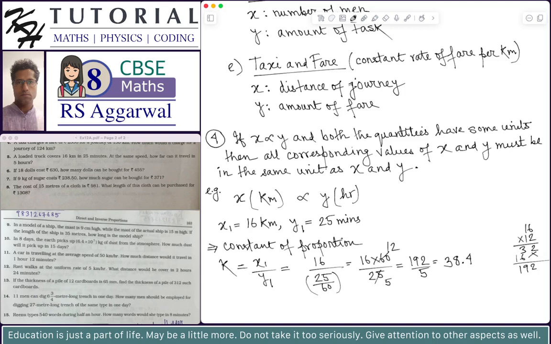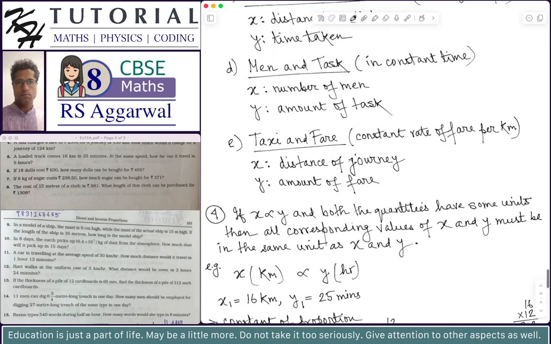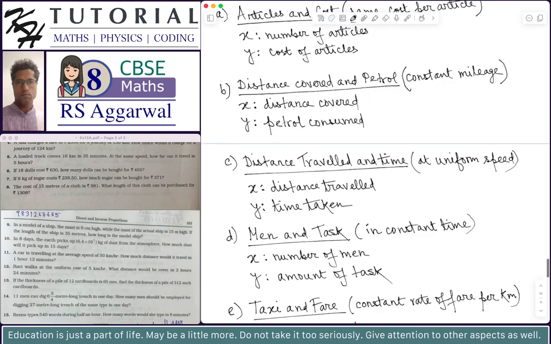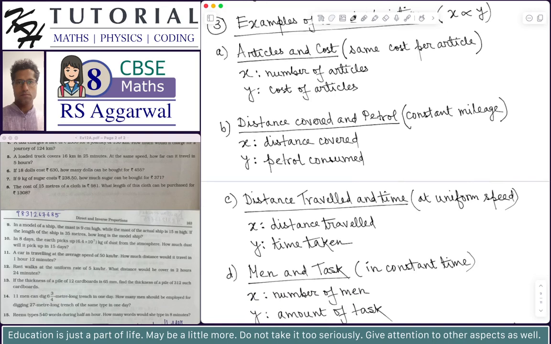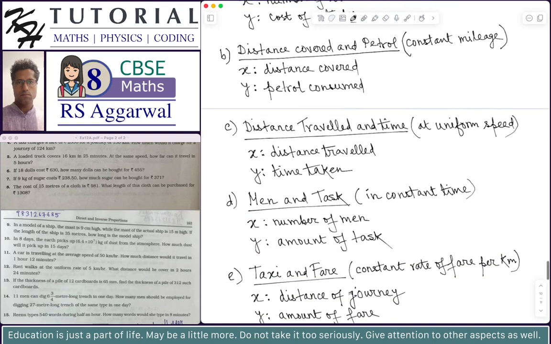So these were the key concepts and the formulas and some examples of direct variation that you should consider after solving these problems.